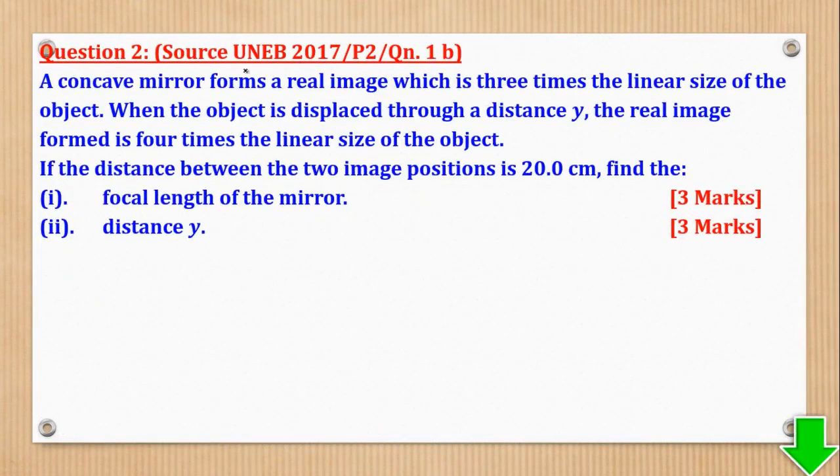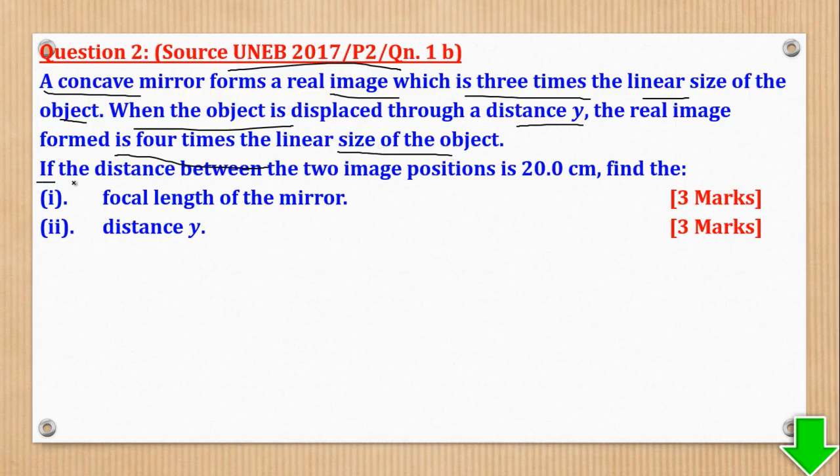Then question 2 came from UNEB 2017 paper 2 question 1b, and it says a concave mirror forms a real image which is 3 times the linear size of the object. There they're talking about magnification. When the object is displaced through a distance y, the real image formed is 4 times the linear size of the object.